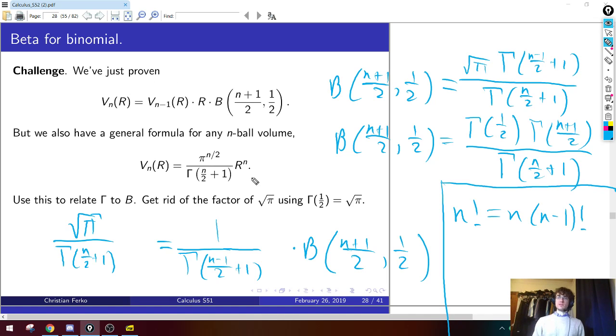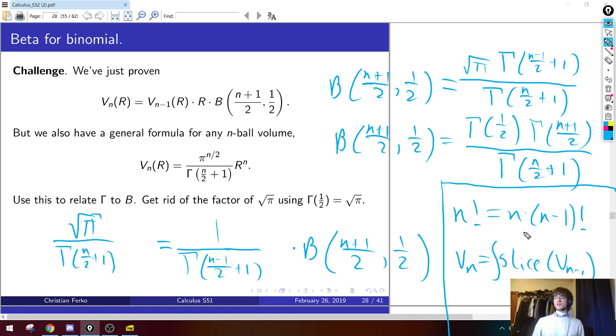The volumes of n-balls are also recursive in the sense that Vn, the n-ball volume, is roughly integrating slices of Vn minus 1. So there is a relationship that gives you the n-ball volume in terms of the n minus 1 ball volume. It's just that that relationship is a little more complicated than just multiplying as it was in the factorial.